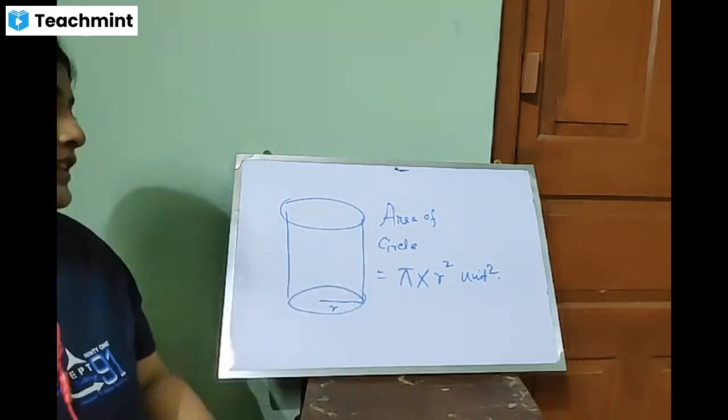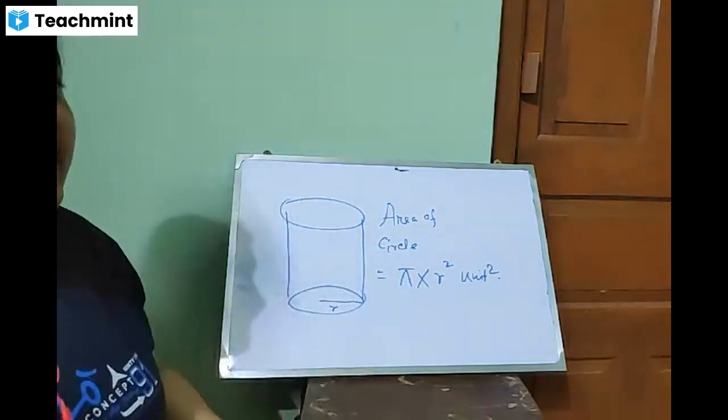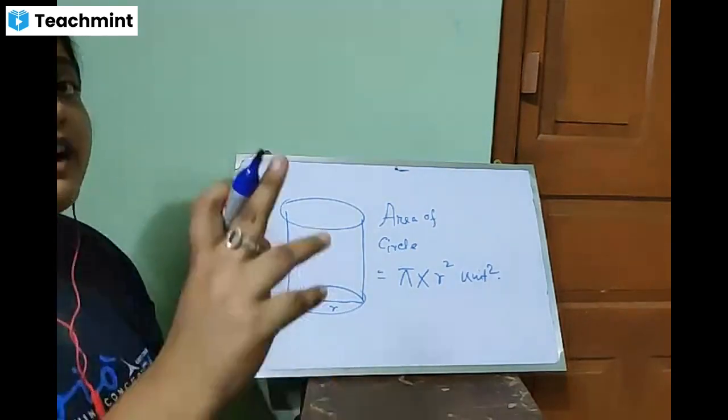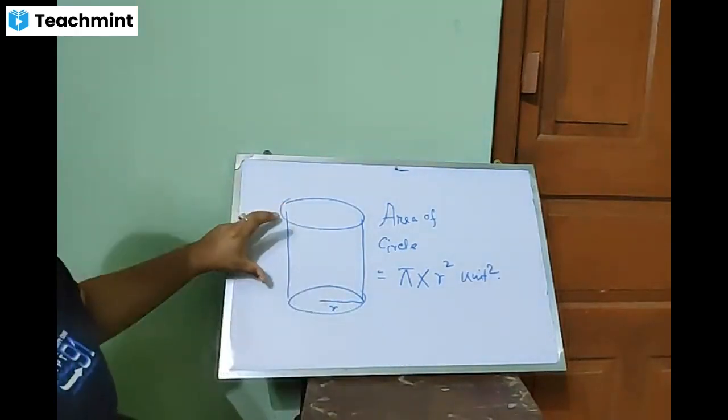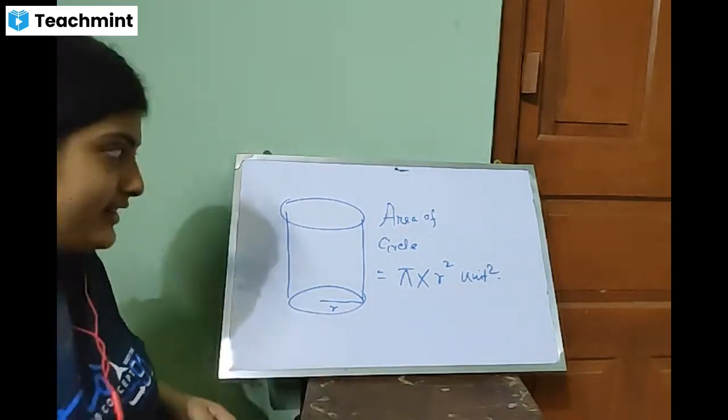If we take many circles and place them one by one vertically, then we will get this cylinder. This is the right circular cylinder.